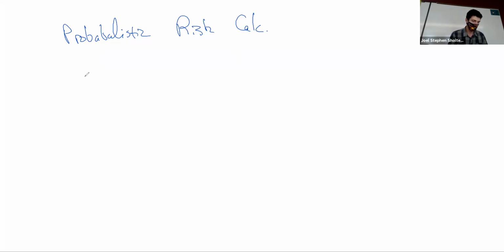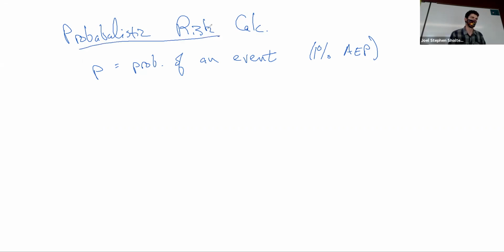But the idea is, we'll start out with P. P is going to equal the probability of an event, so, you know, our 1% AEP event. I'm calling this probabilistic risk because risk has multiple definitions.